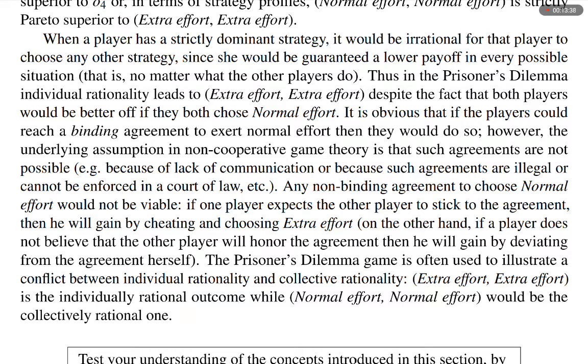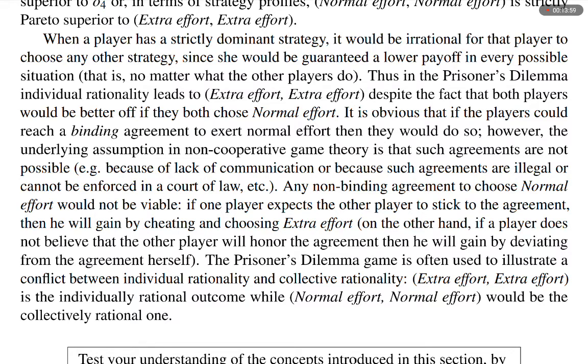If one player expects the other player to stick to the agreement, then he will gain by cheating, or choosing extra effort. On the other hand, if a player does not believe that the other player will honor the agreement, then he will gain by deviating from the agreement herself.